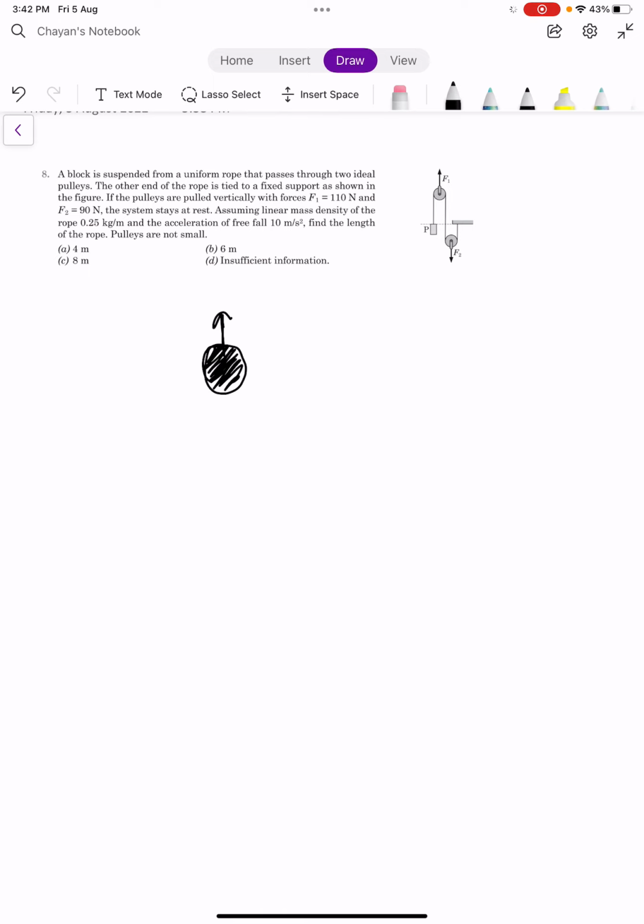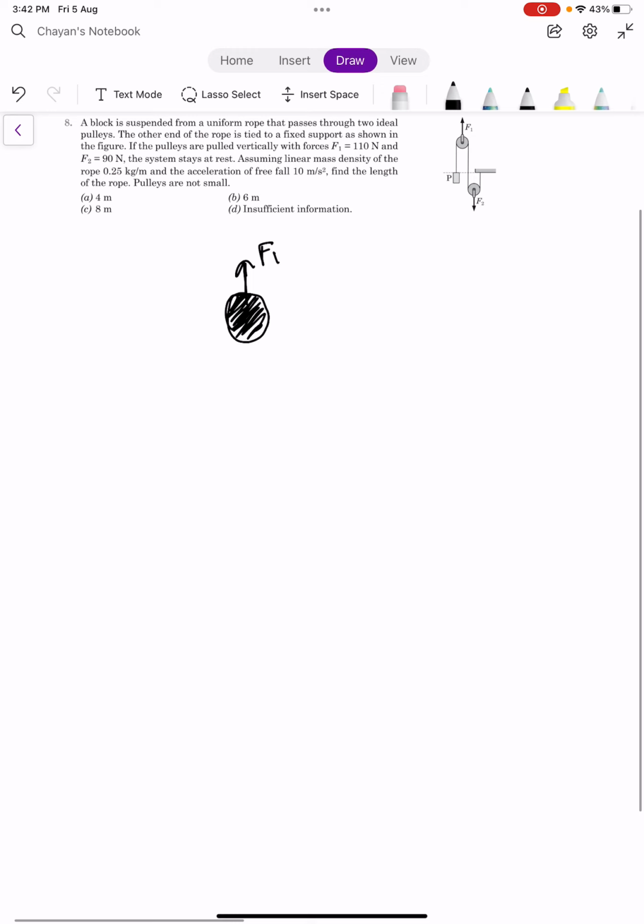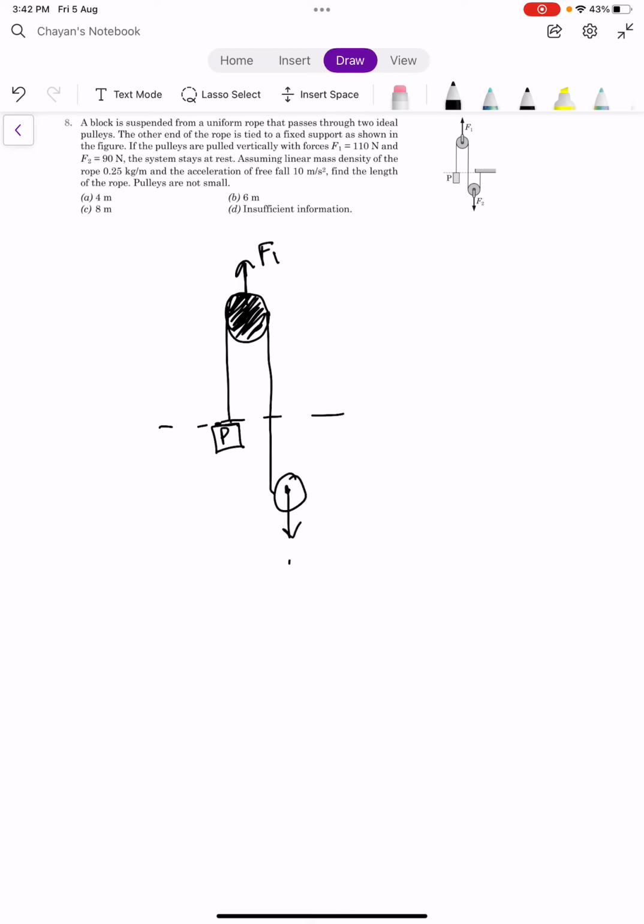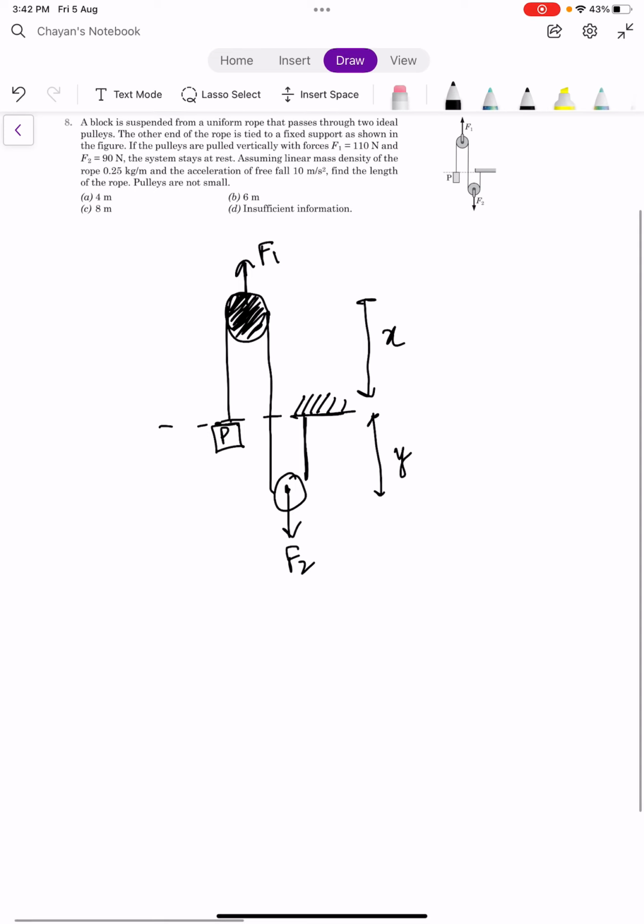This is our first pulley, acted on by a force F1, and let's say this block is P. This is F2, and there is this fixed rigid support. Let's say this distance is X and this distance is Y. I'm assuming that this support is providing a tension of T3, and the weight acting here is MP into G.